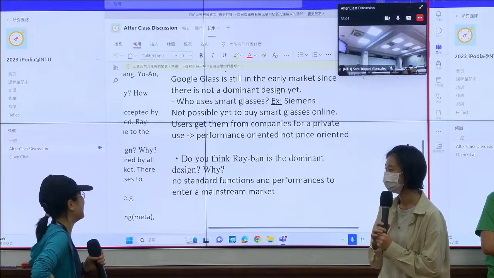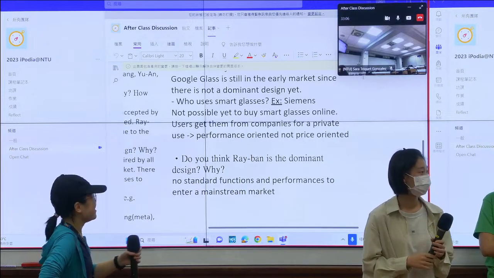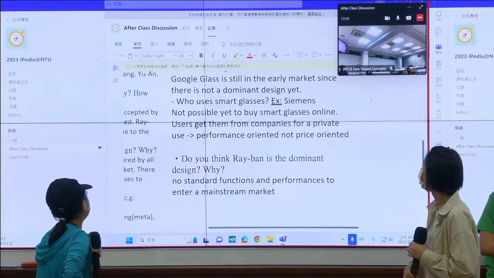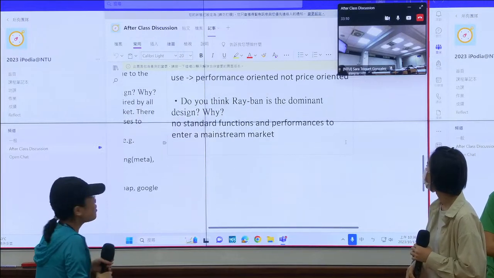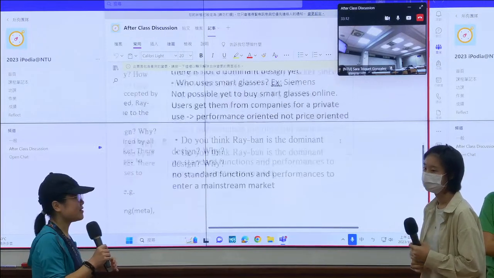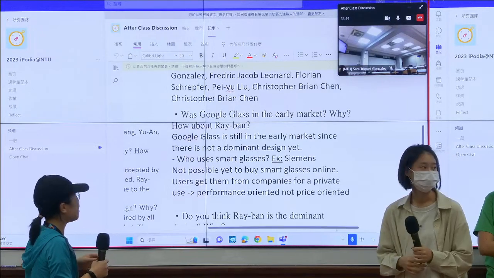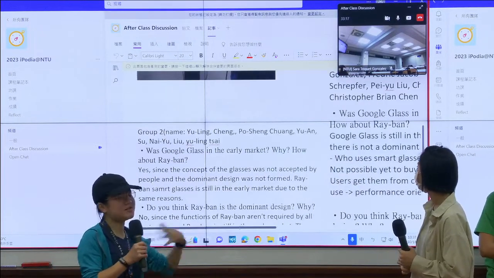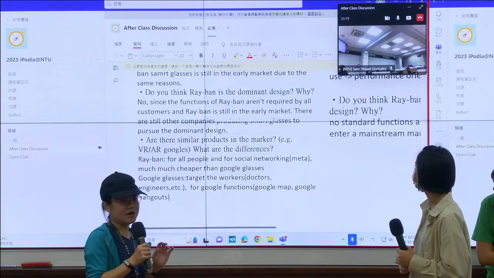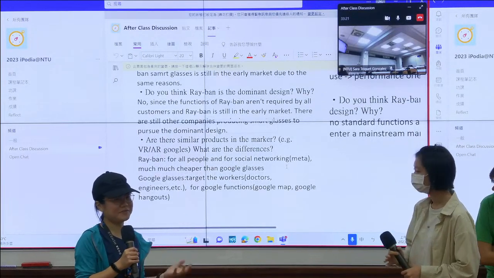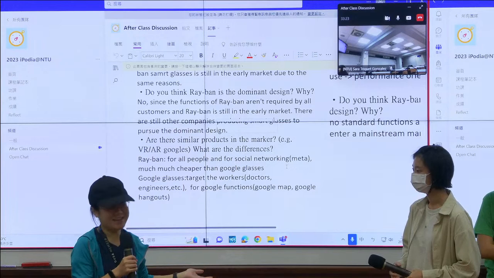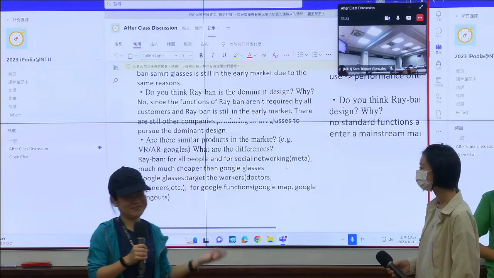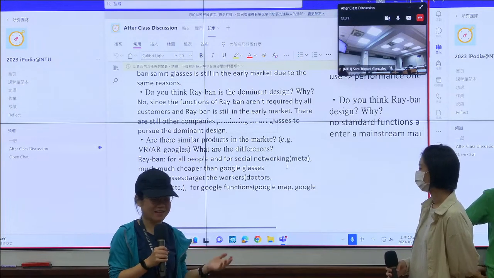Do we still have? Oh. What is it? Sorry. Oh, like the similar products? We just didn't write it down. We talked about it. Oh yeah. We were just in the discussion. Maybe just me, I was a bit confused about what smart glasses really are.